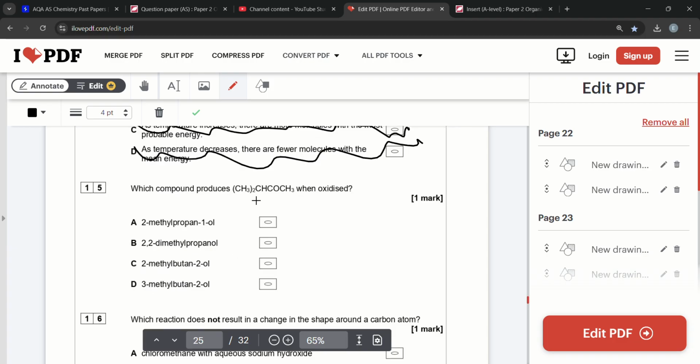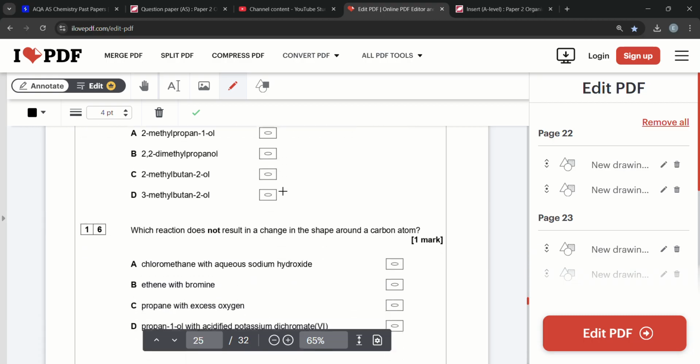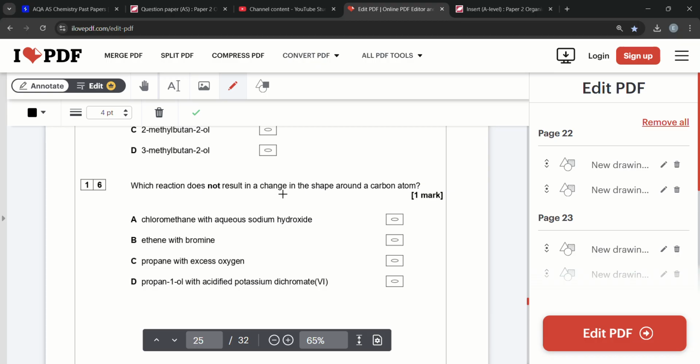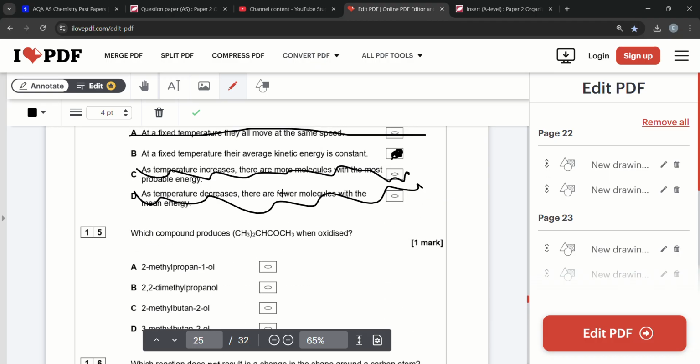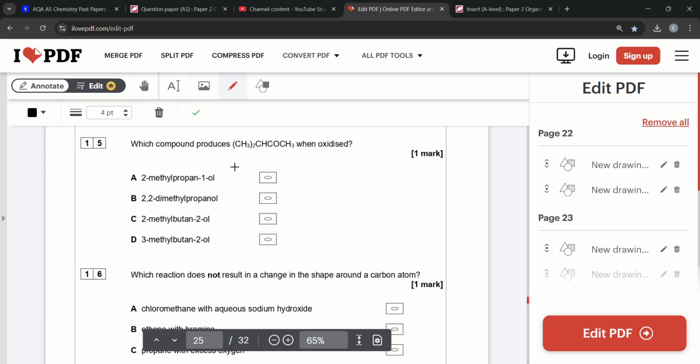Which compound produces this when oxidized? Now, what is this? This is a ketone. Let's draw out the structures of each of these. Methane, ethane, propane.